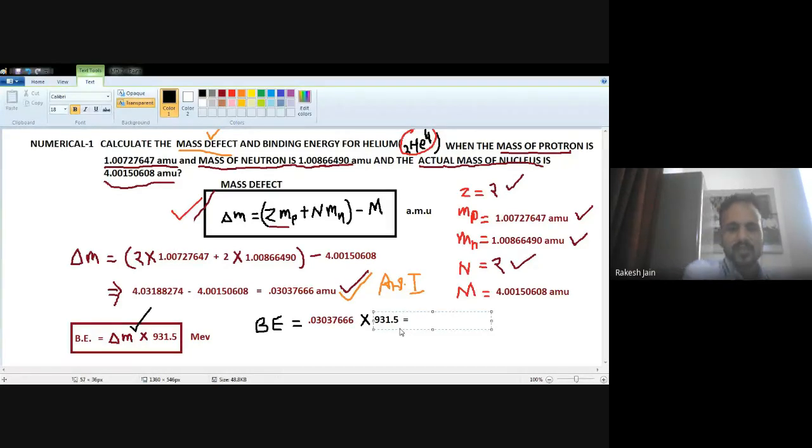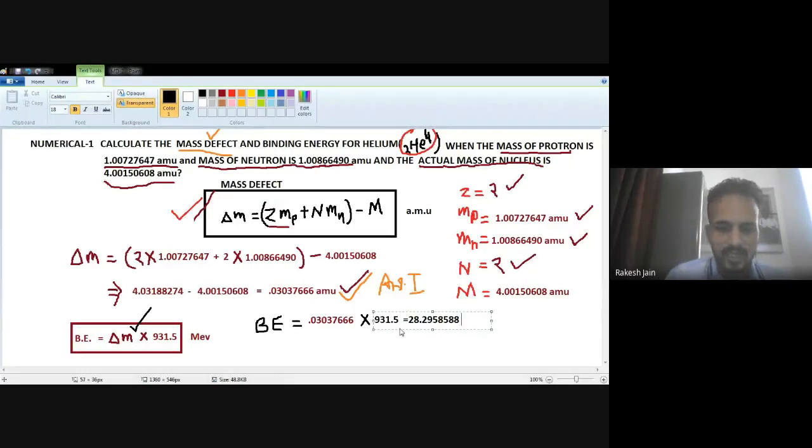What will be your final answer? So let's multiply this on the calculator again. When we multiply 0.03037 by 931.5 mega electron volt, it will be 28.2958588.